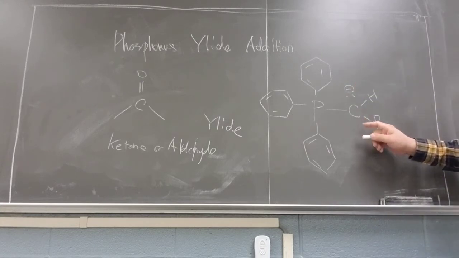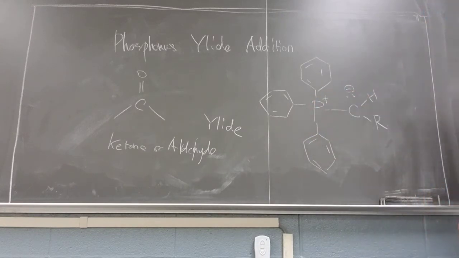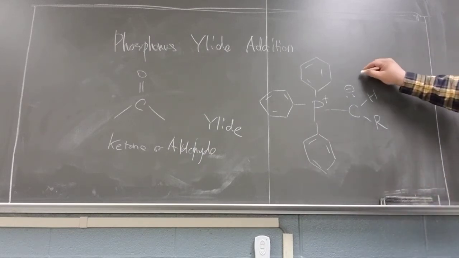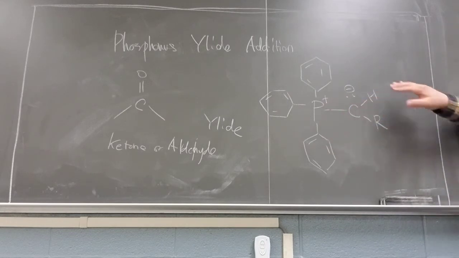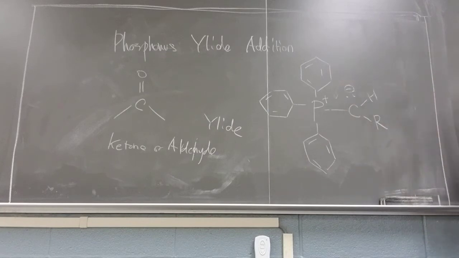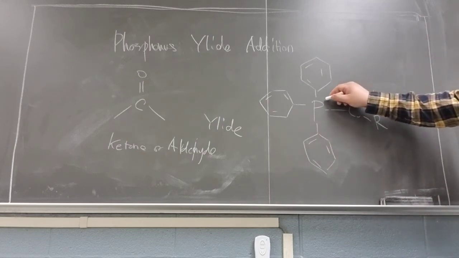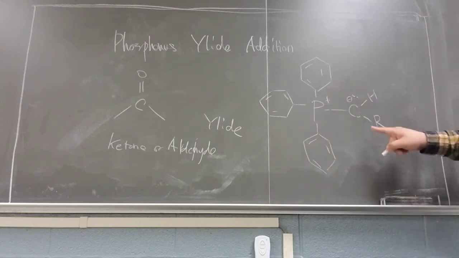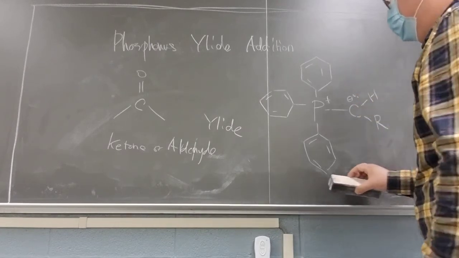So it's a carbanion. And obviously the phosphorus only has 4, so it's positively charged. Okay? So it can do resonance with this form too, just plus a negative here. But when you have this one here, you can do this one as well. So they're the same thing, but in the resonance form. Either they can do a double bond here, or just a plus and a negative charge with the lone pair on the carbon here.